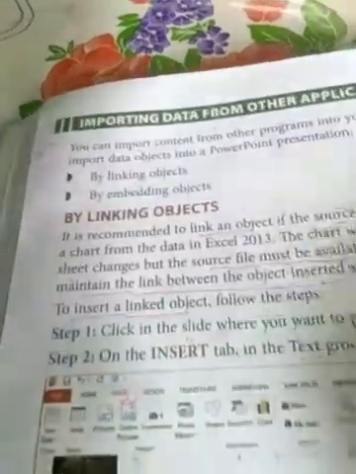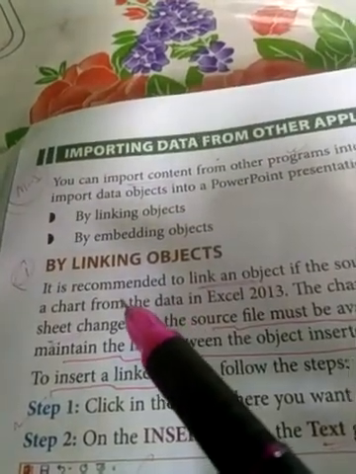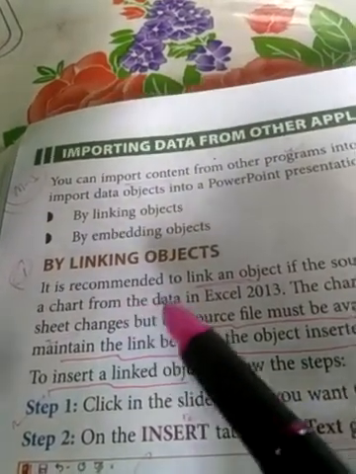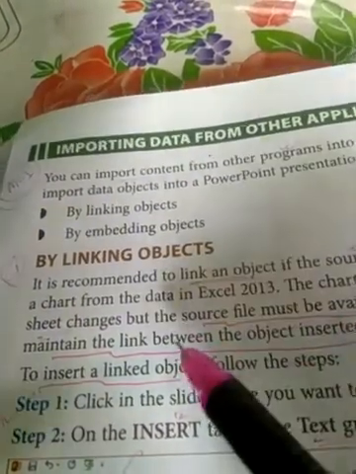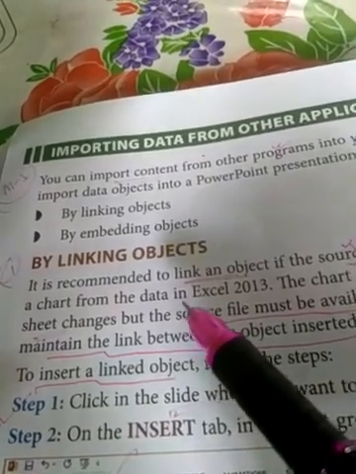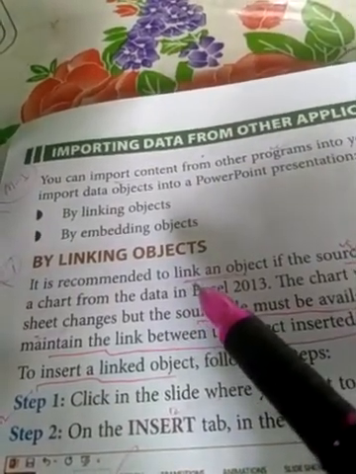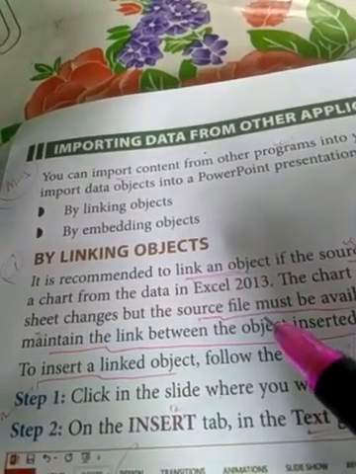First, we will try to understand the process of linking objects to our PowerPoint presentation slides. This is the first process, or in other words, the first way to import data into our PowerPoint presentation slides.